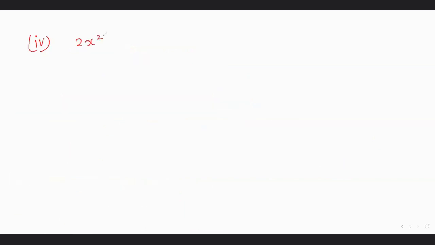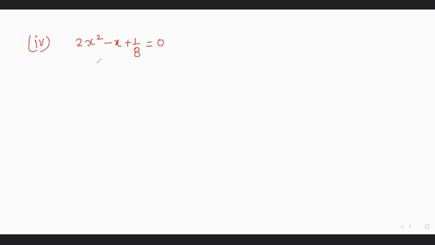So now let us discuss this question. Dear student, as you can see the first term is 2x square, the middle term is minus x, and the last term we have is 1 over 8.